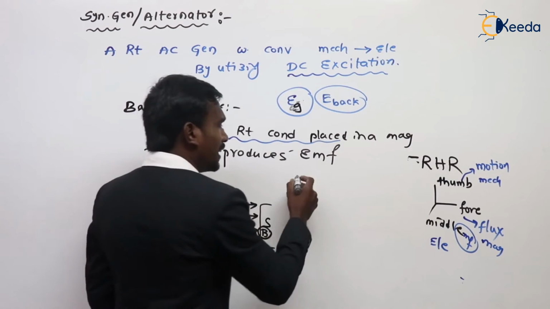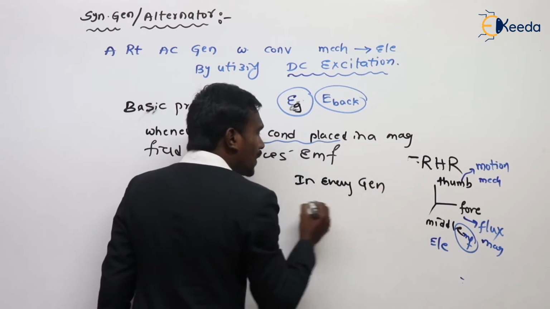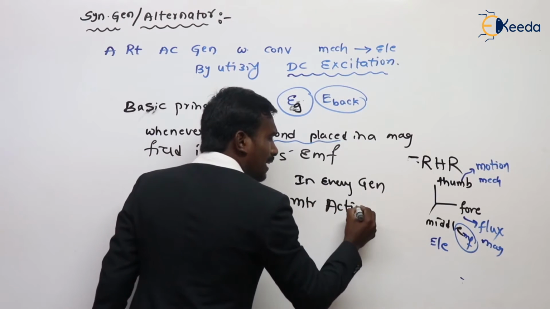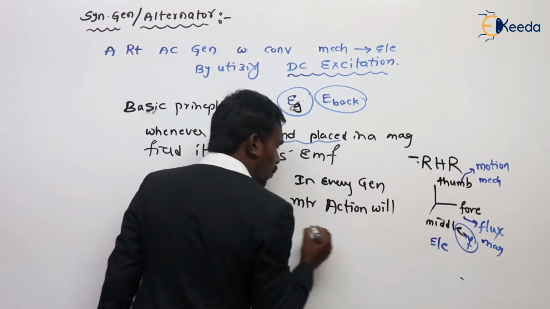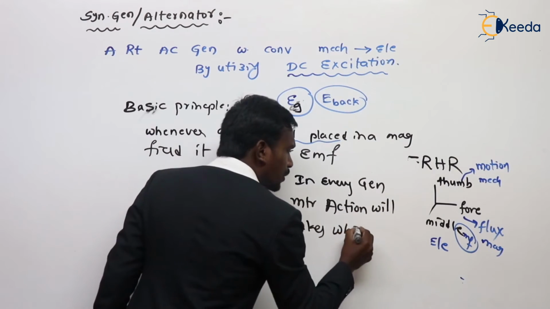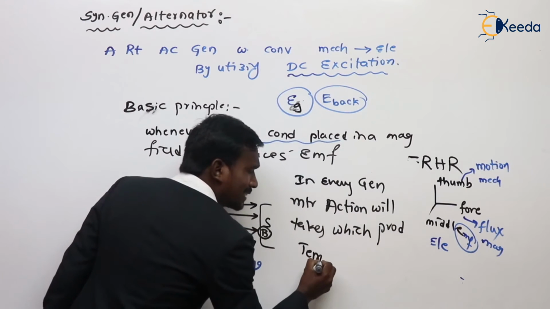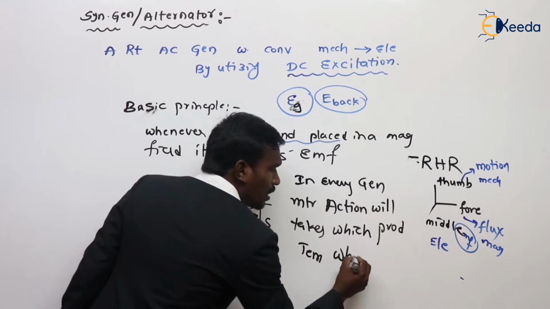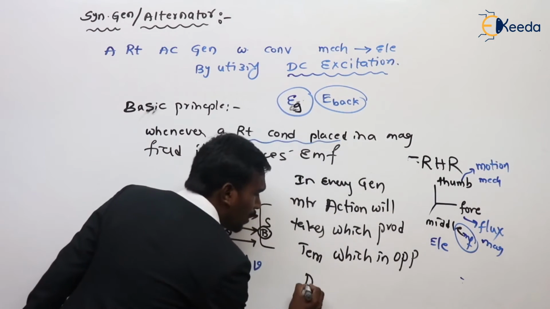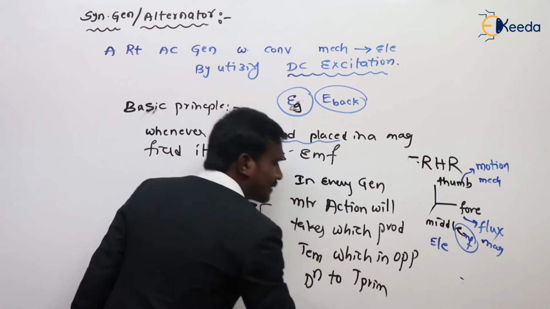So here the statement is that in every generator, motor action will take place, which produces electromagnetic torque, which is in the opposite direction to the prime mover torque.